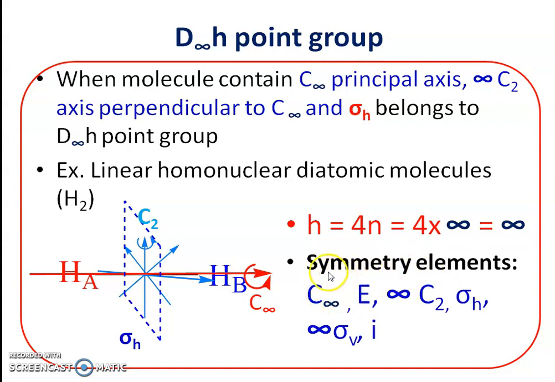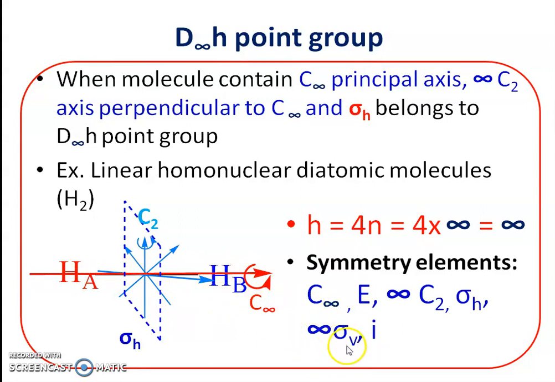Some symmetry elements are: there is a C infinity, there is an identity, there are infinity number of C2 secondary axes, there is a horizontal plane, there are infinity number of vertical planes. These vertical planes are passing through the principal axis, and along these planes, when the molecule is reflected, we get an identical structure.